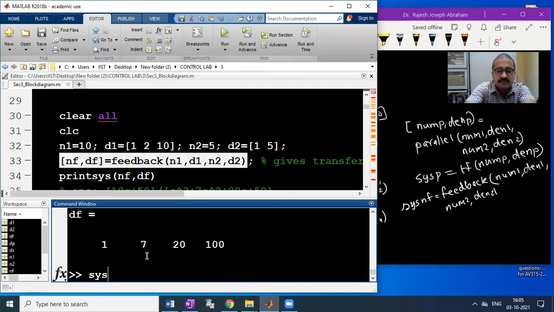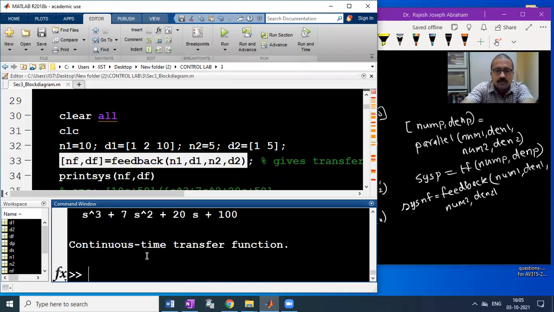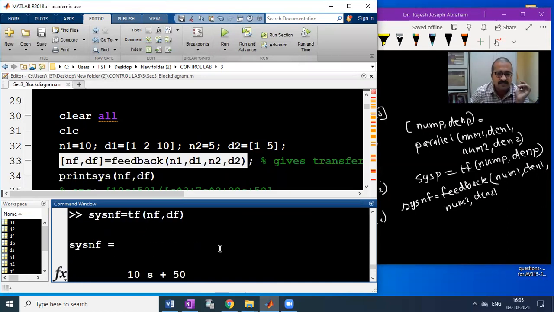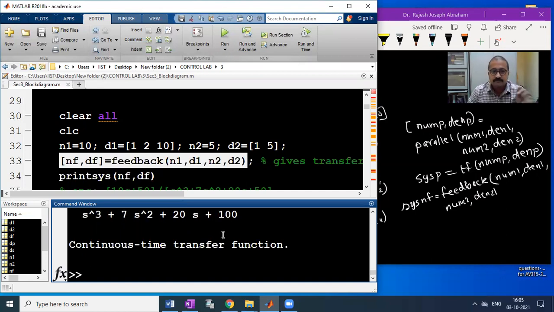Now what next? Sys nf equals tf of nf comma df. That will give you the overall transfer function. Keep in mind we considered negative feedback. Now what we have to do if it is positive feedback? As I said before, you will need to mention a 1 here, comma 1, right? So MATLAB will now understand that it is positive feedback.